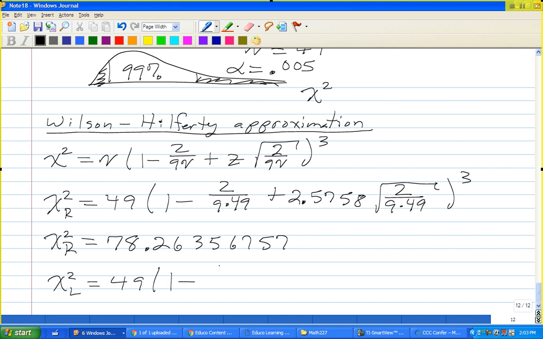Now let's do it for the left. Notice for the left, by symmetry, the z-value is negative 2.5758. That's the only difference in the calculation.